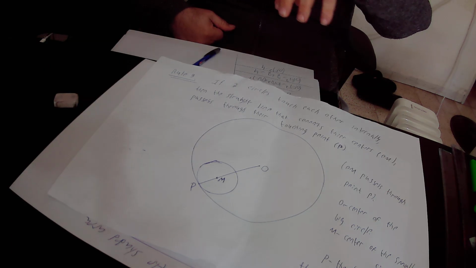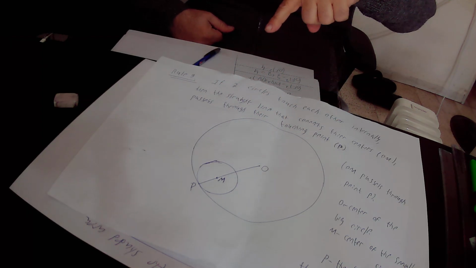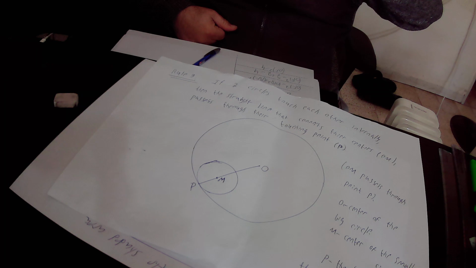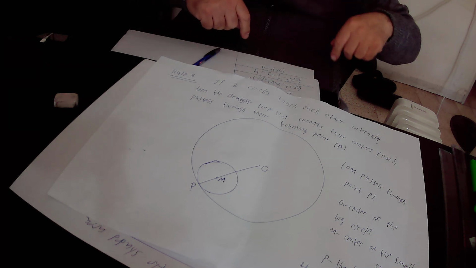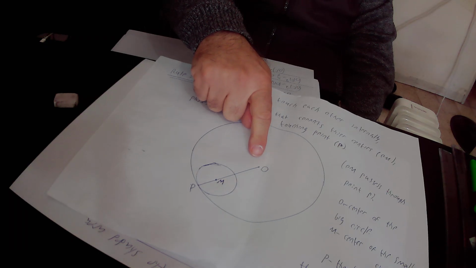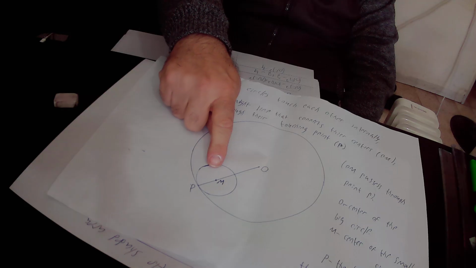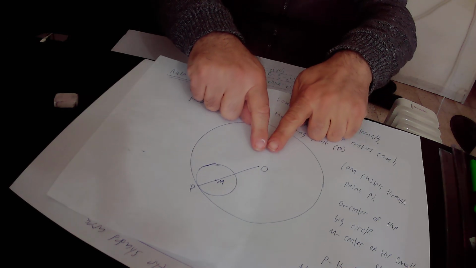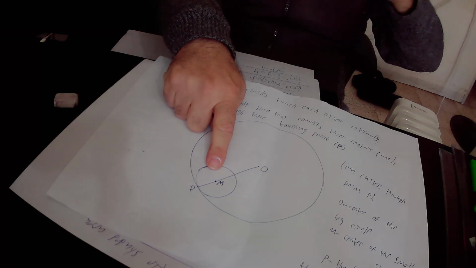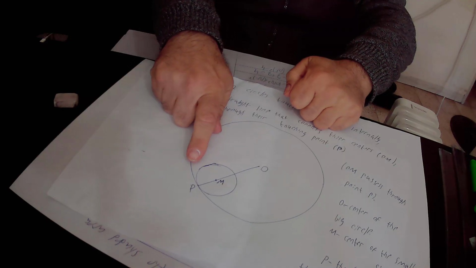So whenever you have an internal notch between two circles, like in this drawing, then the straight line that connects their centers together must pass through their touching point. The center of this big circle is here at point O, the center of this small circle is here at point M, and the straight line that connects their centers together is the straight line OM. So the straight line OM must pass through their touching point.